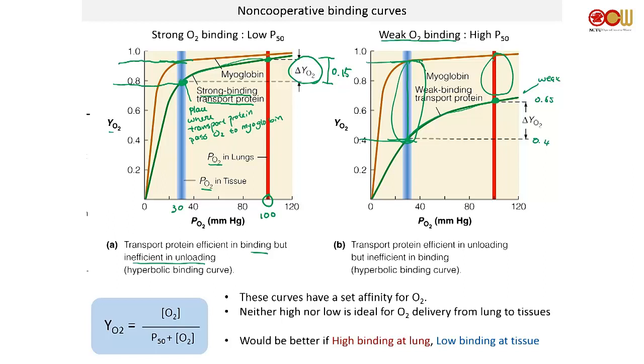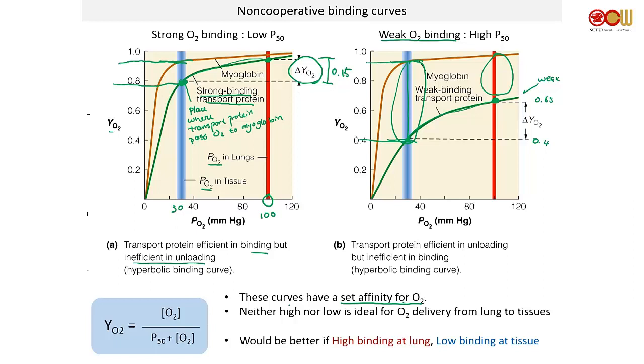In this case, this protein is also not going to be ideal, right? Because for every transport protein that goes to your lung, it's only going to capture about 70% of its ability instead of 100% of its ability. So that means it's kind of stupid. These curves actually have a set affinity for O2. If you have a set affinity for O2, you will never get to a middle ground, an ideal situation.